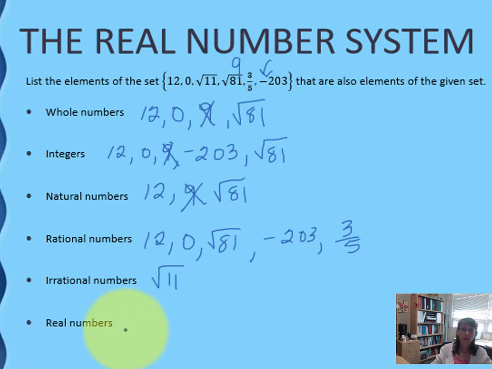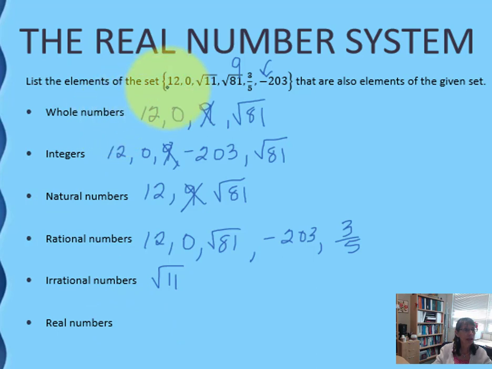Real numbers. So hopefully it doesn't take too much thought to list the real numbers, because the real numbers include all of the subsets we've just talked about. They include irrational numbers, they include the rational numbers, and within rational numbers we have our integers, whole numbers, and natural numbers.